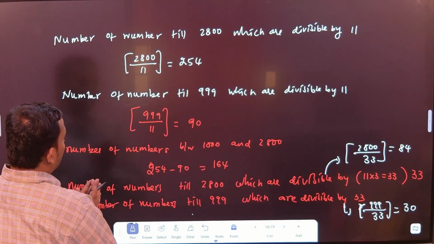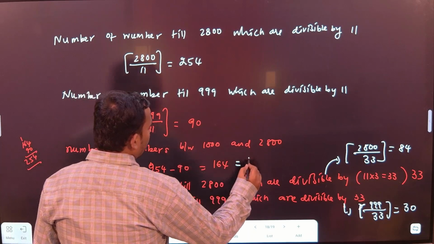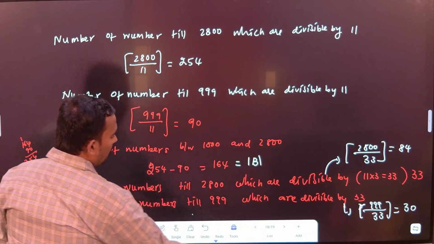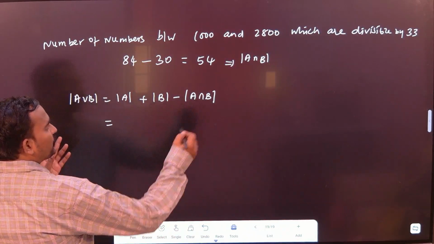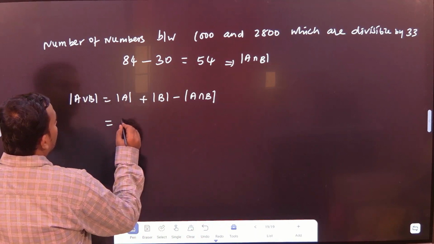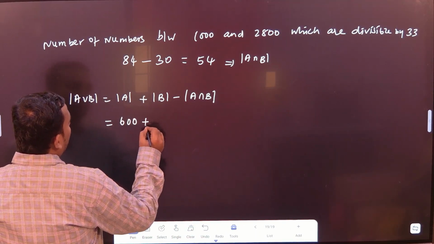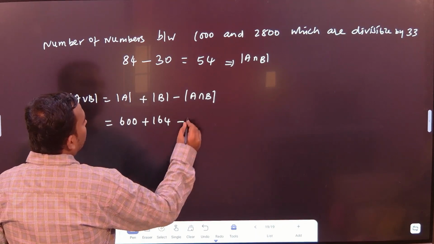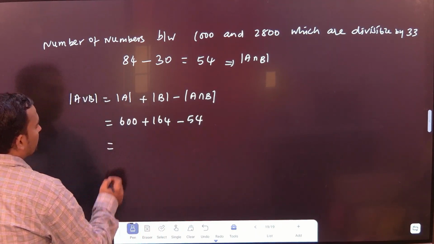Cardinality of B is 164. And cardinality of A intersection B, multiples of 3 and 11, is 54. You can do it: 600 plus 164 minus 54. What's your answer?